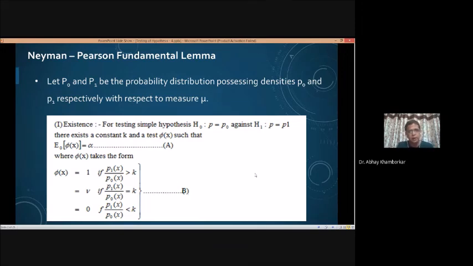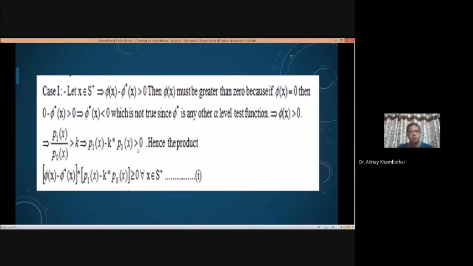Now test B, right now the result that we got is phi of x greater than 0. अगर मैं greater than 0 की बात करता हूं, तो इसका मतलब क्या हो जाएगा कि ये दोनों वैल्यू फिलहाल रूल्ड आउट हो जाएगी, राइट? दैट मींस p1x अपॉन p0x. लेट मी शो यू. व्हेन आई से दैट phi of x ग्रेटर देन 0, इसका मतलब कौन सी कंडीशन रूल्ड आउट हो जाती है? वो थर्ड कंडीशन, phi of x इज इक्वल टू 0 इफ p1x अपॉन p0x लेस देन k. वो कंडीशन रूल्ड आउट हो जाएगी.